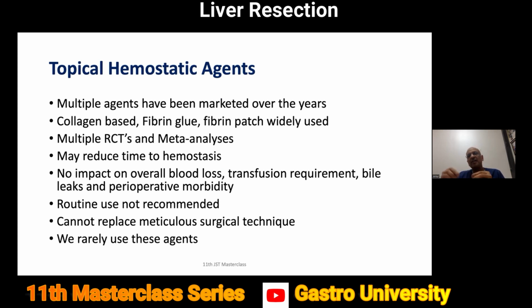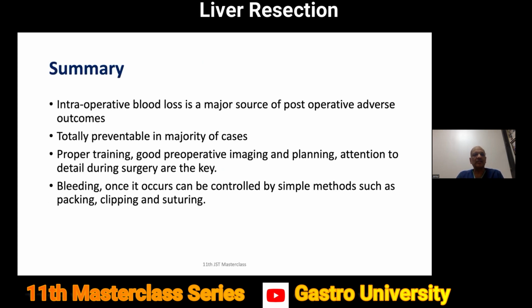Whether it's a fibrillar or a Surgicel you are applying, they tend to change color once they come in contact with blood, and you cannot even see the bleeding point, which was clearly visible previously. So I have used them very rarely, and in our group we do not recommend using these, but again, it's a matter of personal choice.